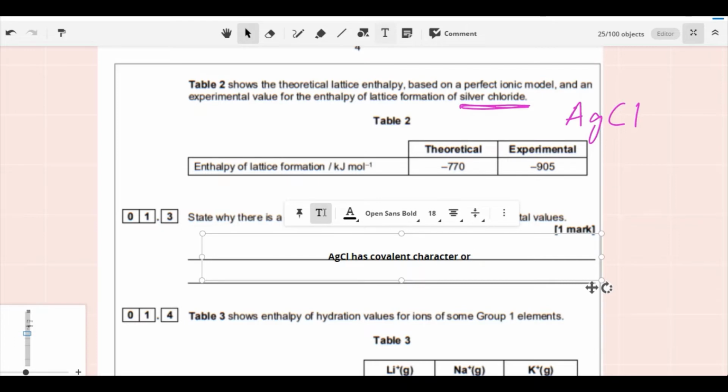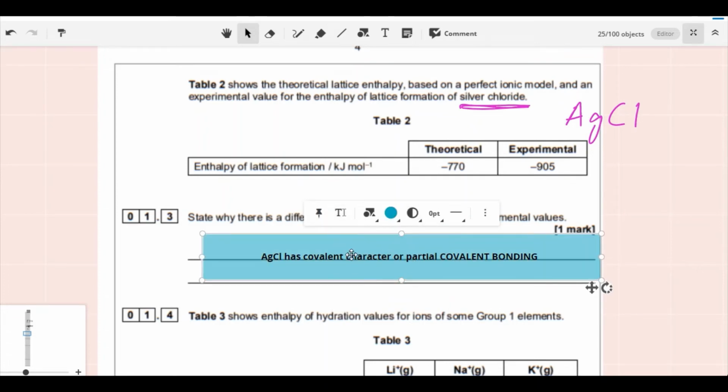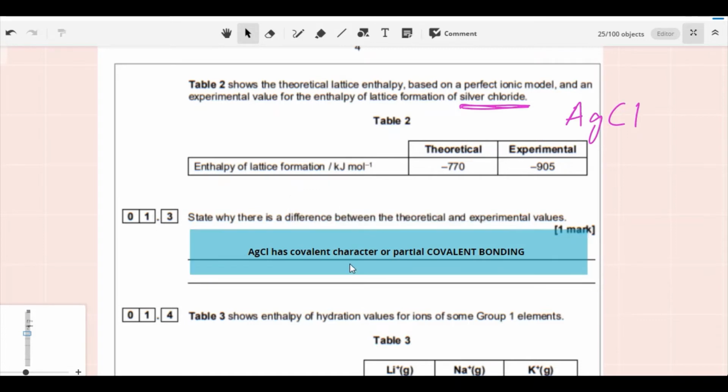So remember, you need to write AgCl has covalent character or partial covalent bonding. So that's why there is a difference between the theoretical value and the experimental value.